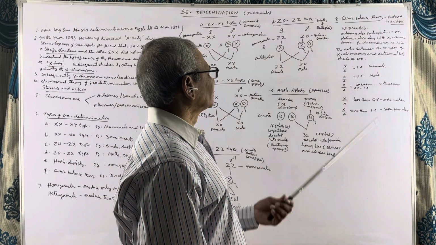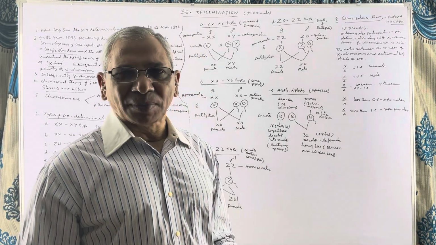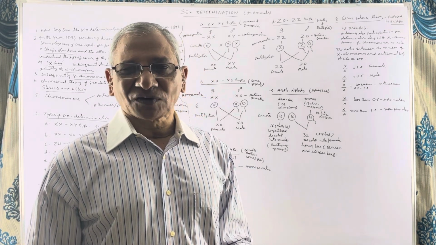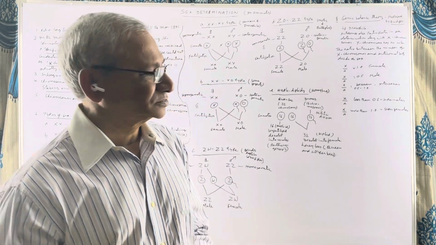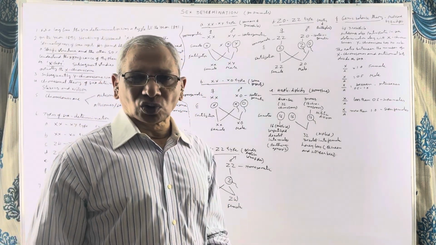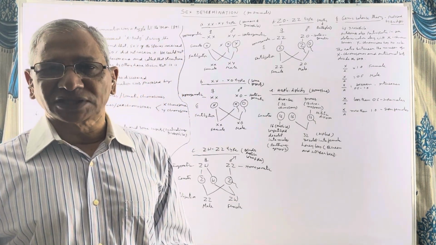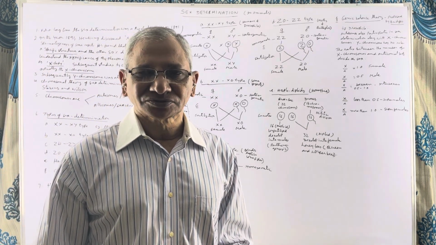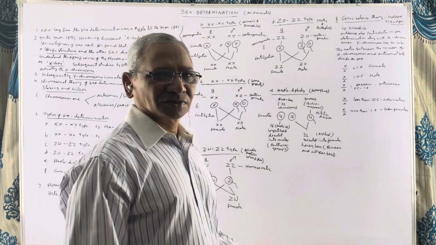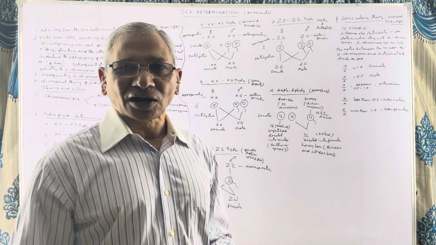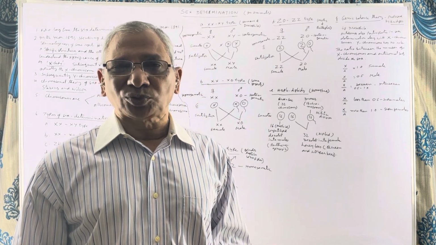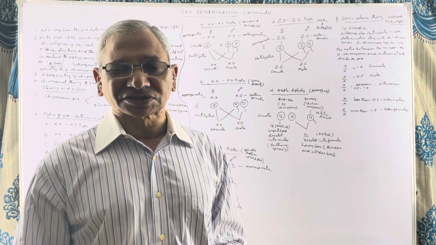The last one is known as genic balance theory. It was proposed by Bridges, and for this he received the Nobel Prize. Till now, we spoke about the role of sex chromosomes in the determination of sex. But this theory appears to be very odd. According to Bridges, not only the sex chromosomes, but also the autosomes contribute to the determination of sex.